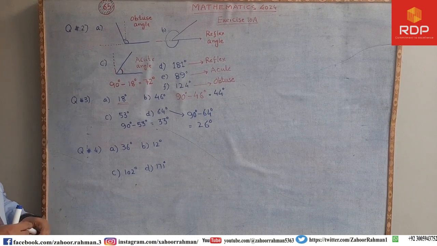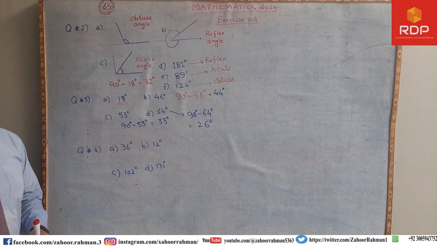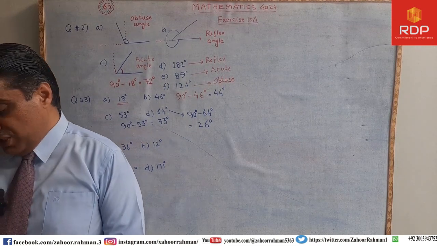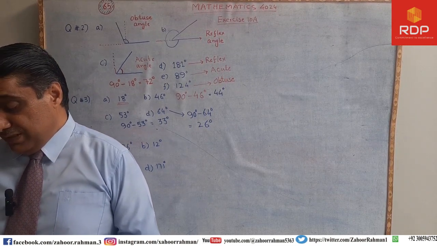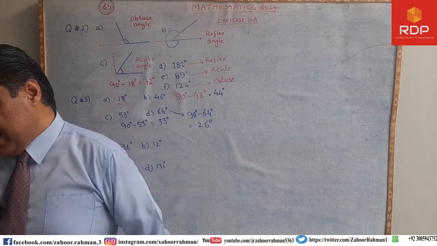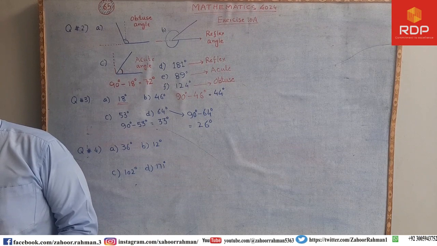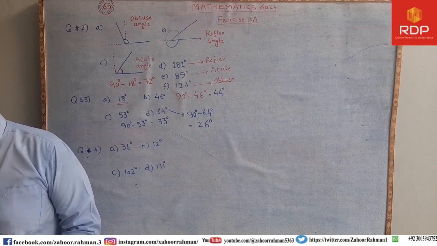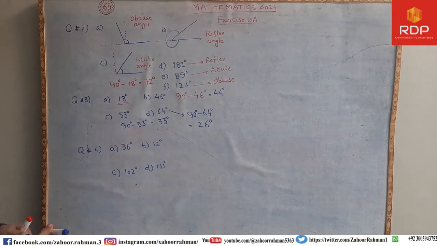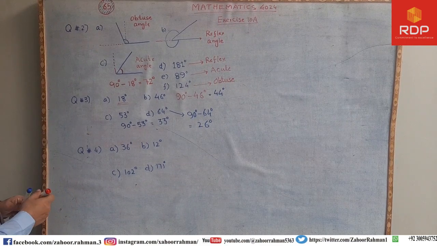Okay, ladies and gentlemen, we are now coming towards question number 4, and they are saying find the supplementary angle of each of the following. First they have given us 36.